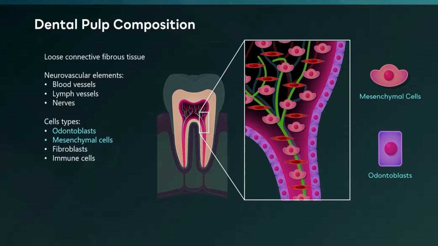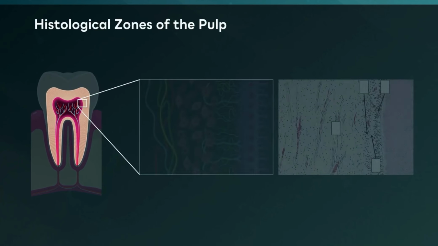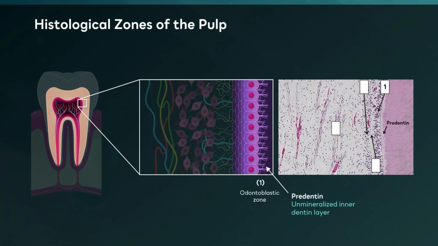Okay, now let's go just a bit deeper and look at the arrangement of these cells, or what we refer to as the histological zones of the pulp. The first zone we will talk about is the odontoblastic zone, which is directly subjacent to the predentin and dentin layers.